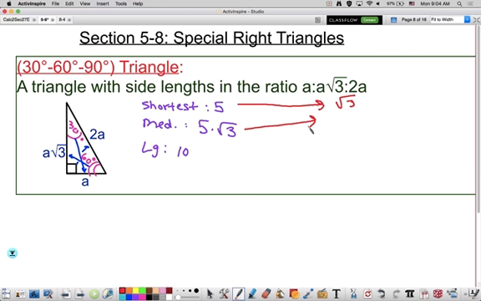What's the medium side? Jeanette, what's the medium side?